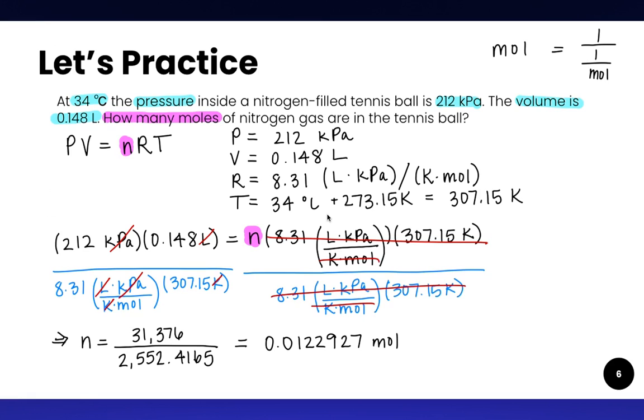And we are allowed two significant figures. This one, so 1, 2, and this 2 will not affect the other one. So our final answer is 0.012 moles.